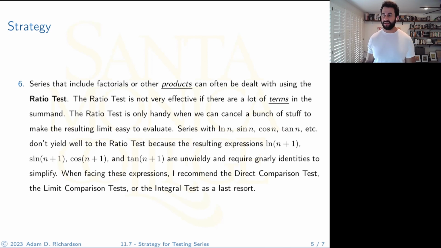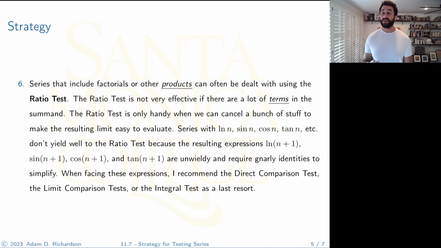They require gnarly identities to simplify. You might have all of the angle sum formulas memorized, and you're welcome to apply those after applying the ratio test, and you might get lucky and have a nice cancellation. But generally speaking, try to avoid using the ratio test when you see stuff that's got this in it.